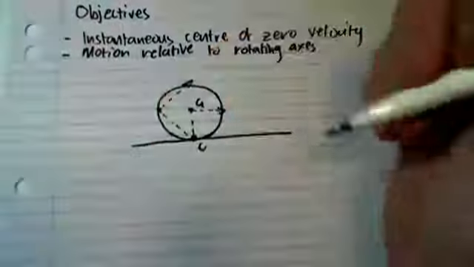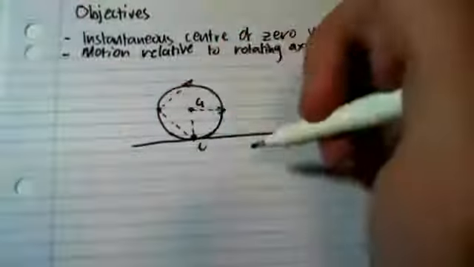If the body was traveling in the opposite direction, obviously the velocity would be going in the opposite direction. But for this case we're going to have positive, so it's going to be traveling towards the right.